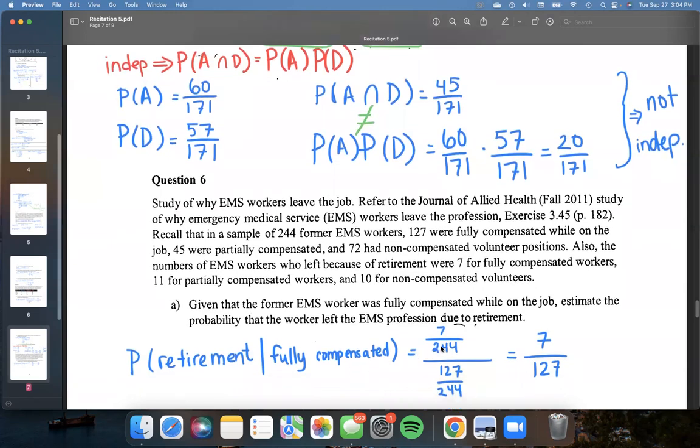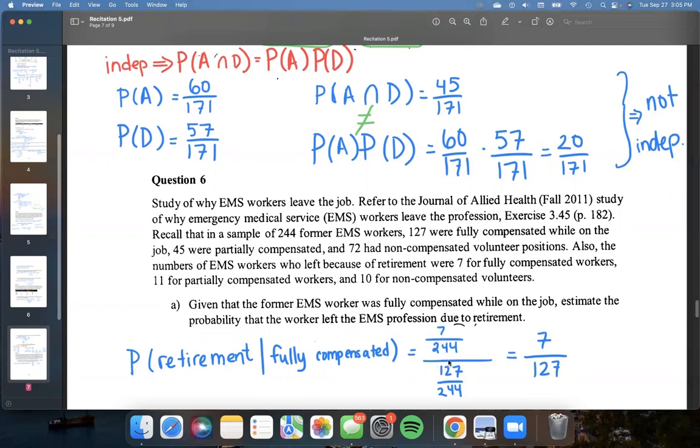So here we have, if we look for retirement, where is that? Okay, so we have 7. We have 7 who left because of retirement and were fully compensated. So that would be 7 over 244.